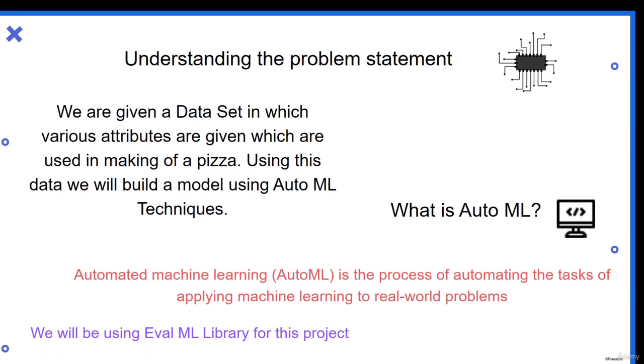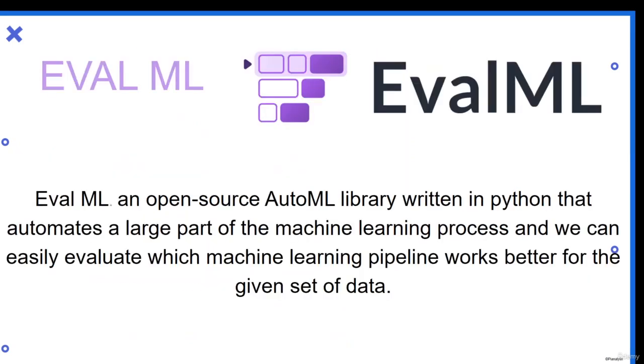Let us have a brief introduction to the EvalML library. EvalML is an open source automated machine learning library written in Python that automates a large part of the machine learning process, and we can easily evaluate which machine learning pipeline works better for the given set of data. In simple words, EvalML has all the classification, regression and clustering libraries, which come under scikit-learn.